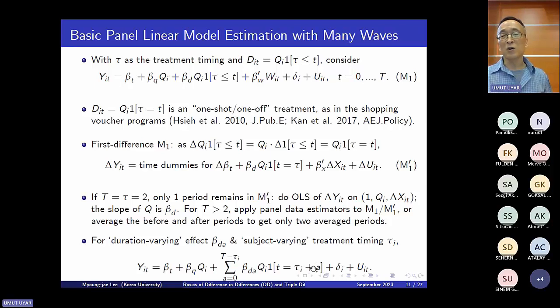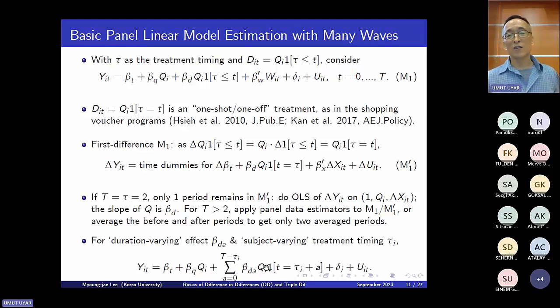And if A is 0, you are looking at the treatment effect in the same period when the treatment started. If A is equal to 1, you are looking at 1 year after the treatment started. If this is 2, you are looking at 2 years after the treatment started.